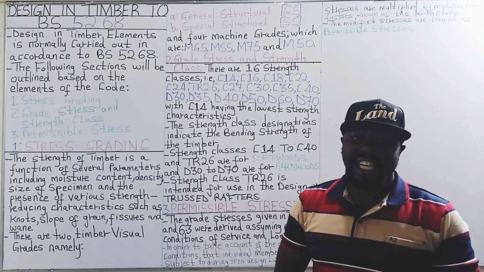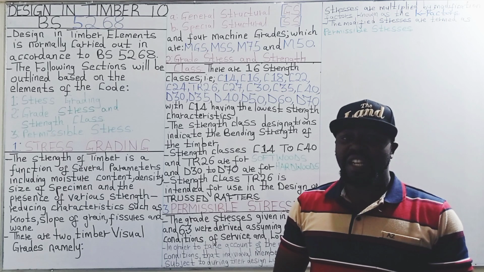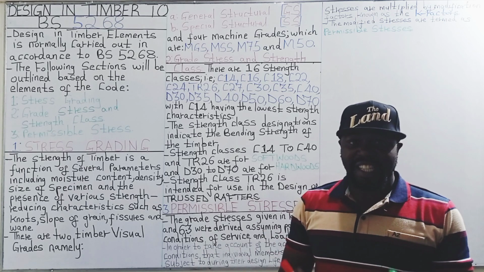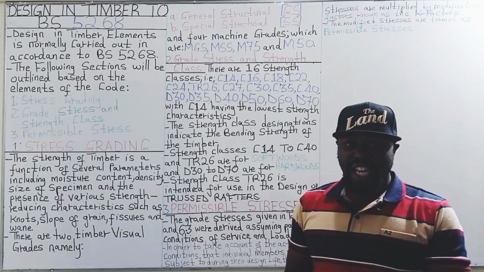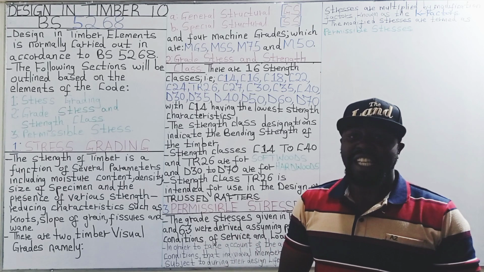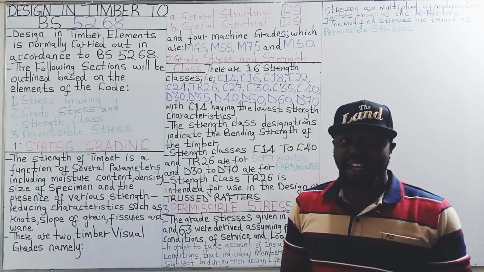Beginning with stress grading, the strength of timber is a function of several parameters, including the moisture content, density, size of the specimen, and the presence of various strength-reducing characteristics such as the knots, the slope of grain, fissures, and wane.